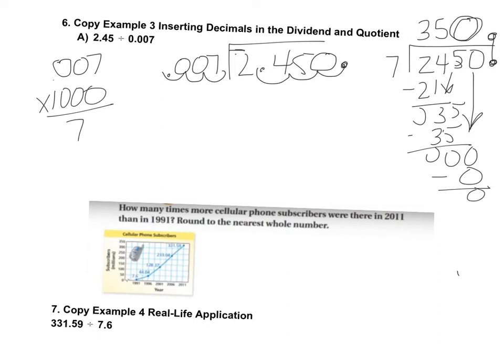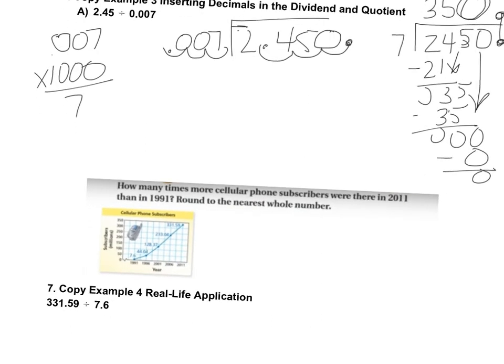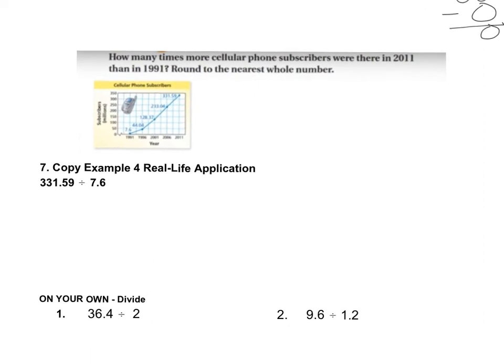So, next one. Oops, erase that. Move this up. This is a real life application right here, okay? So, we're looking at how many times more cellular phone subscribers were there in 2011 than in 1991. Round to the nearest whole number. So, as you can see right here, we've got 331.59.